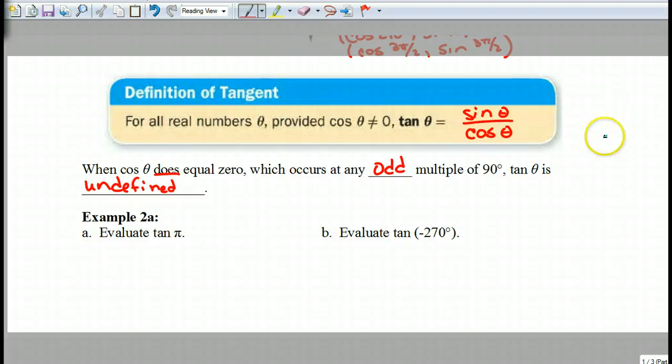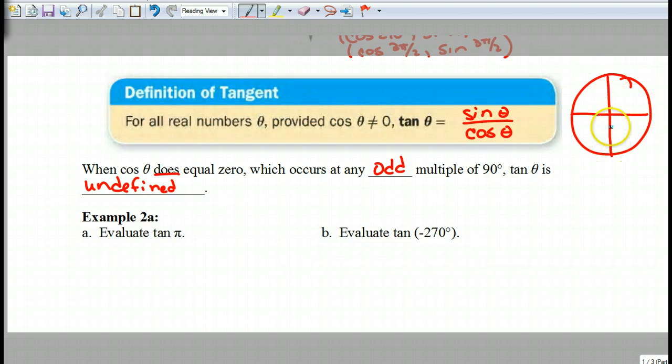So let's look at the unit circle for a minute. At this point right here, cosine is at 0, and sine is at a positive 1. At this one right here, cosine is at 0, and sine is at negative 1. At those 2 points, that is when tangent is undefined, because you cannot divide by a 0.